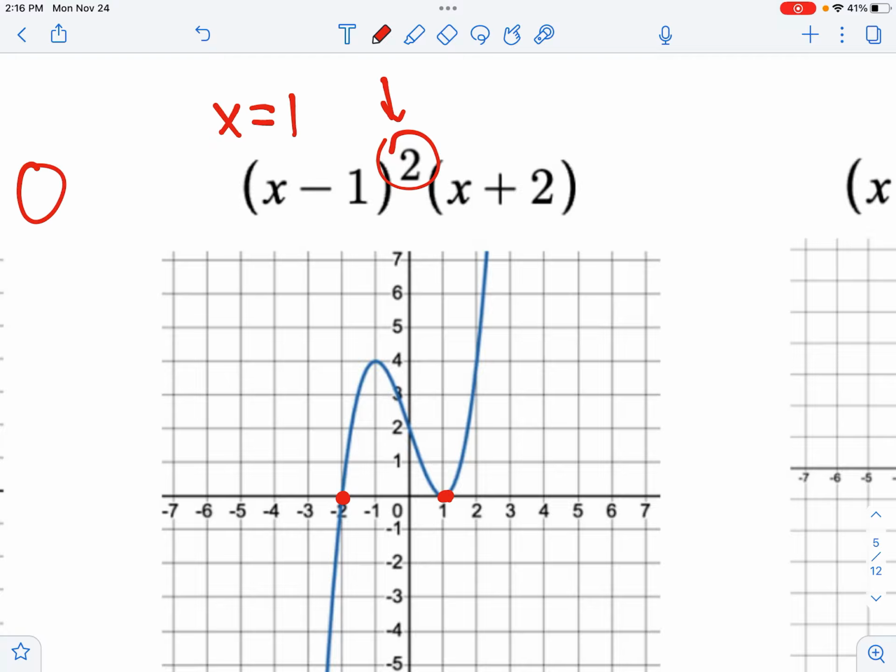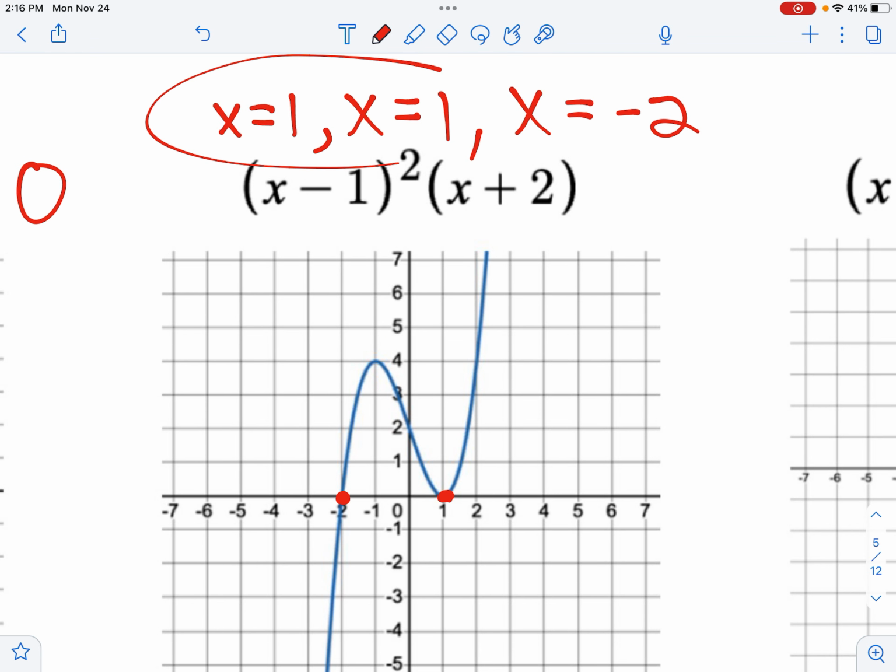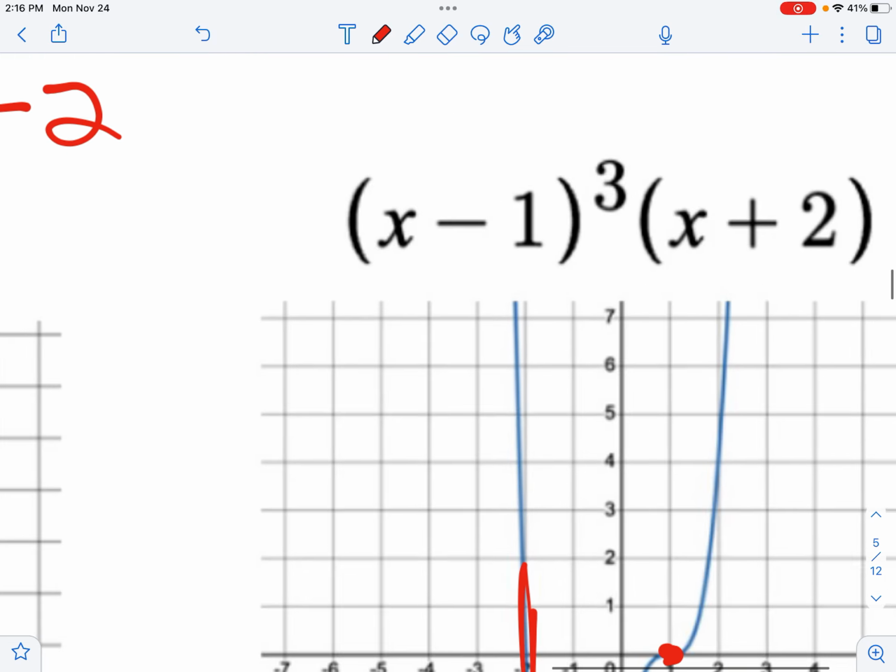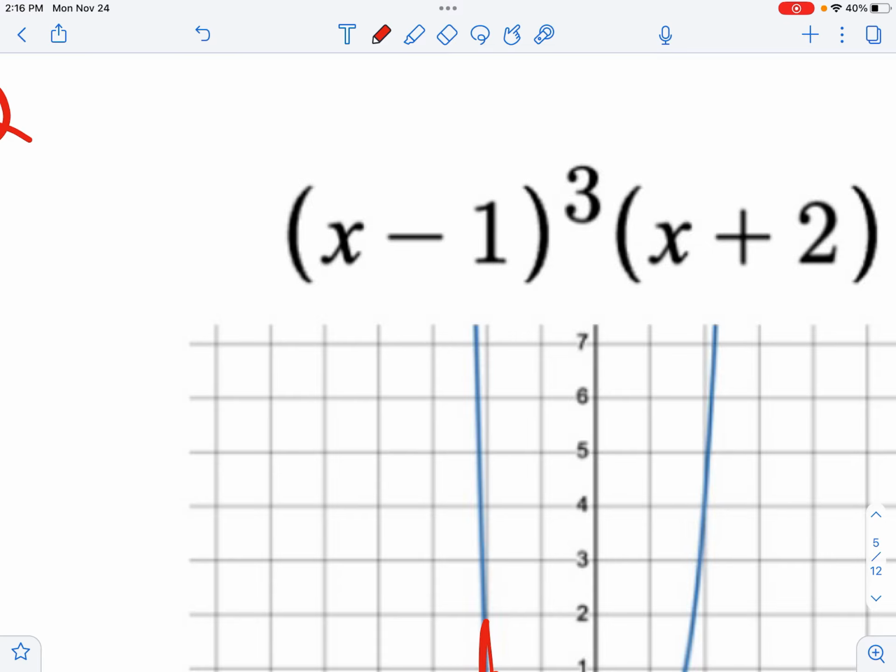So I really have x equals 1, and then I have another one, x equals 1. That happens twice. And then my other root would be x equals -2. So we say it's a multiplicity of 2 for x equals 1 because there's 2 of them. So over here, this would be a multiplicity of 3 because I would have x equals 1 three times.